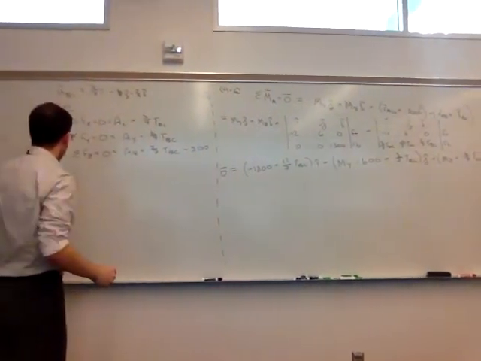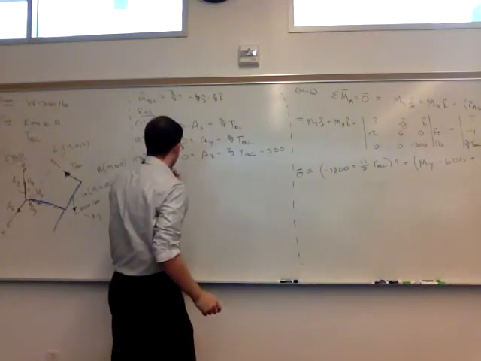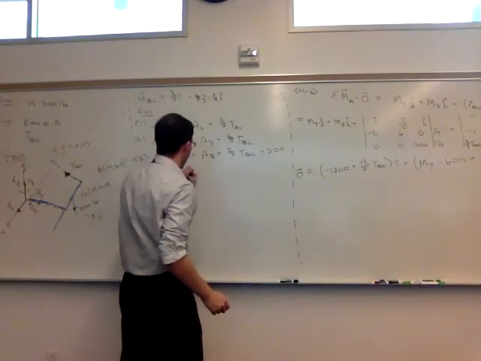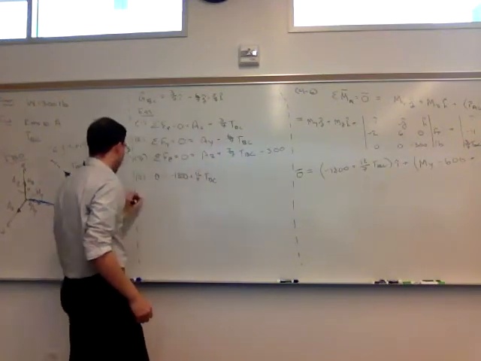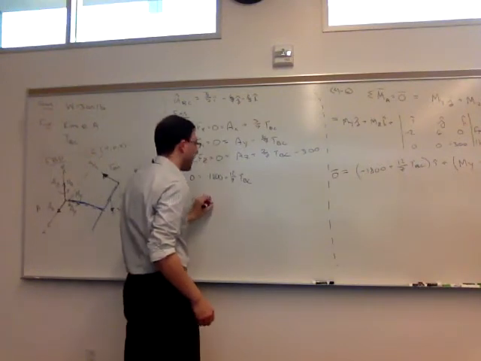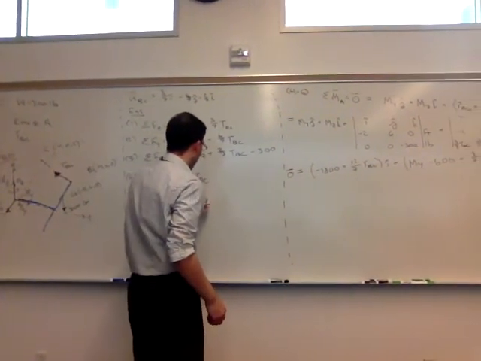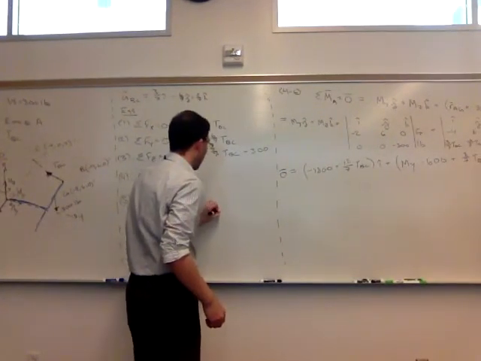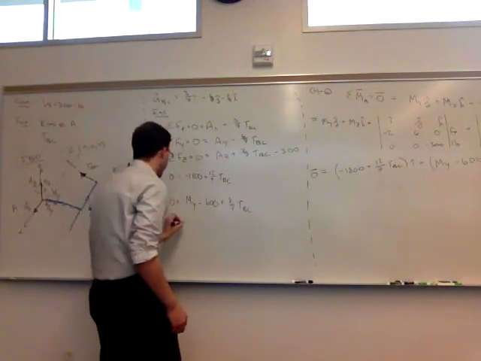So equation 4, 0 is equal to this, negative 1800 plus 12/7 TBC. Equation 5, I set the second coefficient equal to 0. And equation 6, the k coefficient equal to 0.